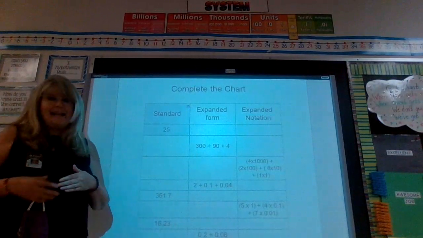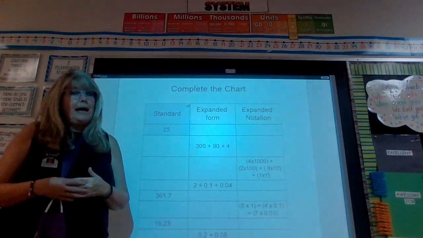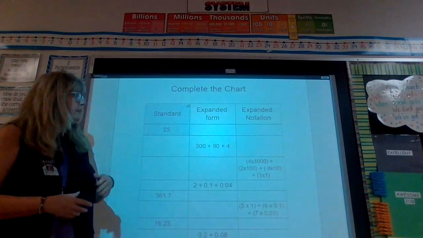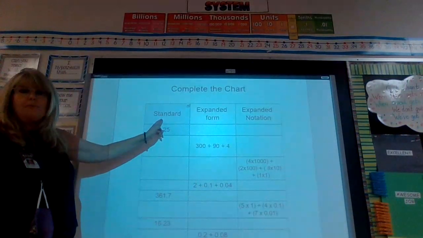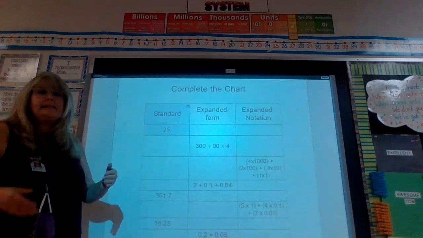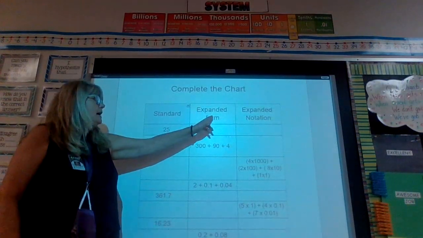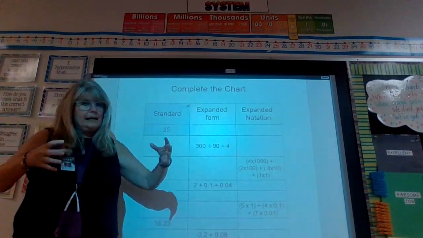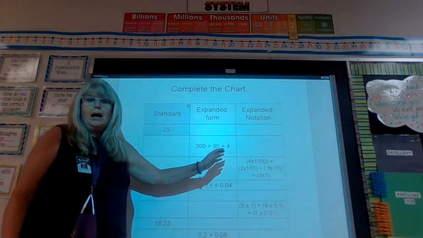Okay, now, here's a little practice for you. You will want to look back at your notes in order to help you out. We have 3 columns. Standard form. If you don't remember what standard form is, it is the numbers just written in digit form. Expanded form. You're making them a little larger, but you're looking at the value of each number.